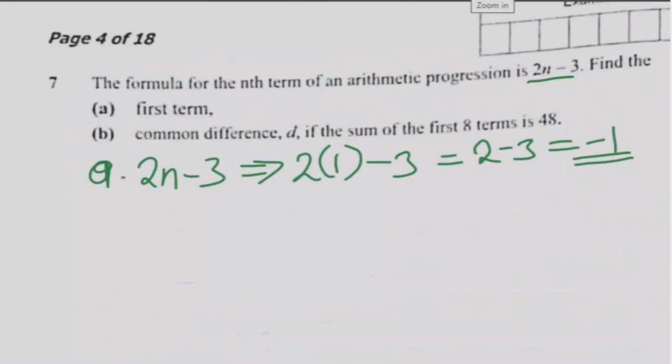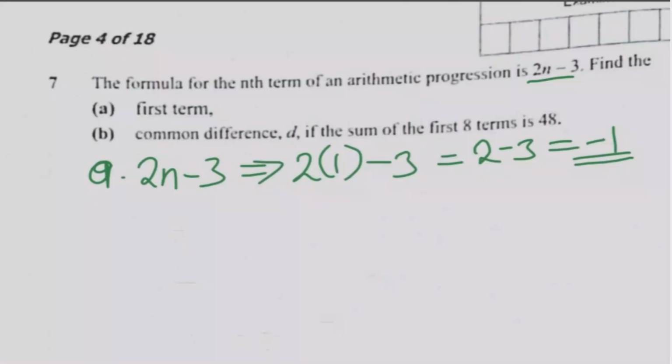Okay, now we come to B, which is find the common difference if the sum of the first 8 terms is 48. So to find the common difference, what we're going to do is this. Let me write B here.